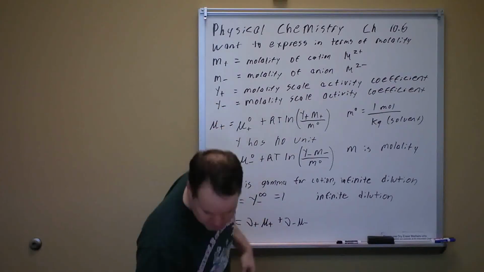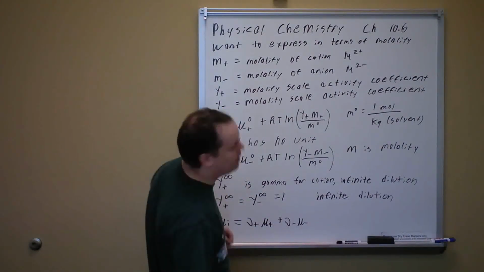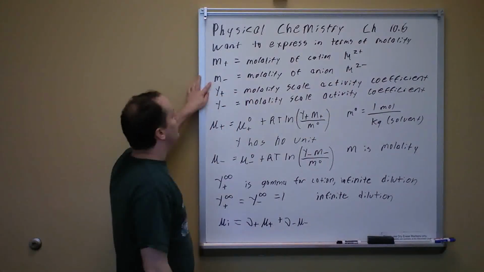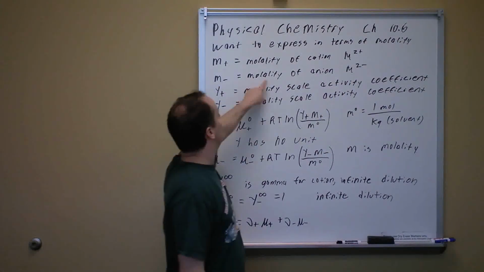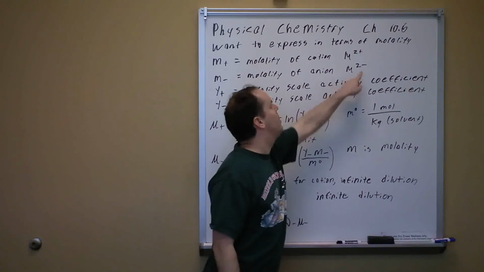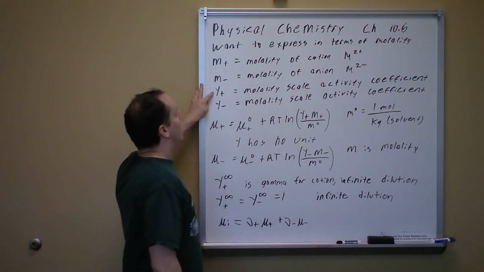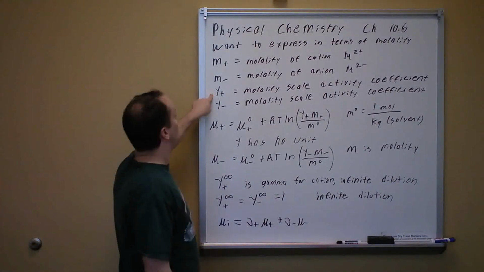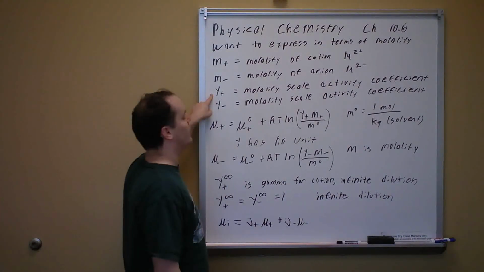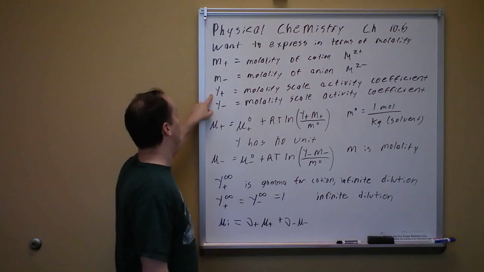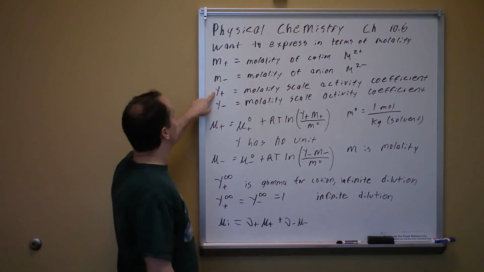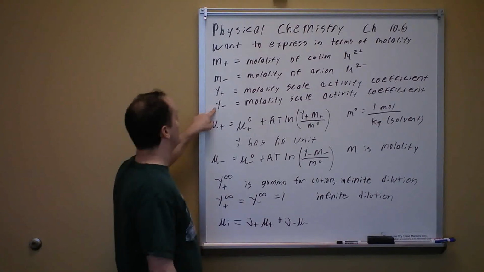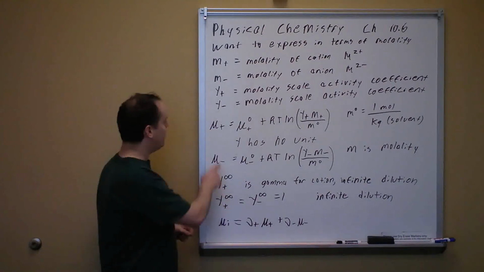Okay, well, this probably should be an X here actually, but anyway. So we have m minus equal to the molality of the anion, that's our m of our z minus. Likewise, our gammas are going to be different now, because now it's a molality scale activity coefficient instead of a mole fraction activity coefficient. So we have gamma plus for the cations, and gamma minus for the anions.